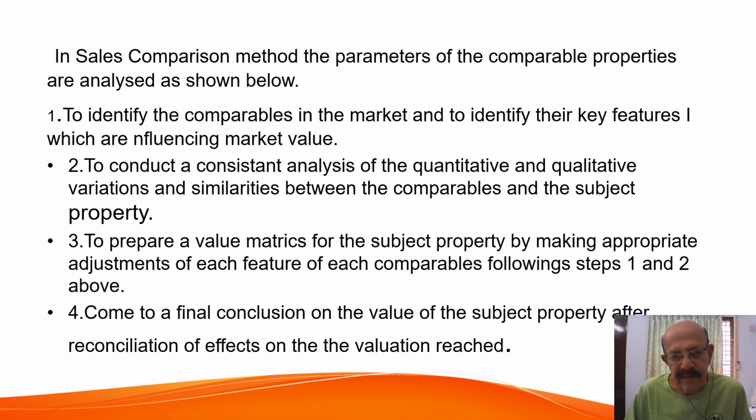Such variations. Then regarding the quantitative analysis, the area of the property and the area of the building may vary. In one property the area will be very small, and in the comparable property the area will be very high when compared to the smaller one.